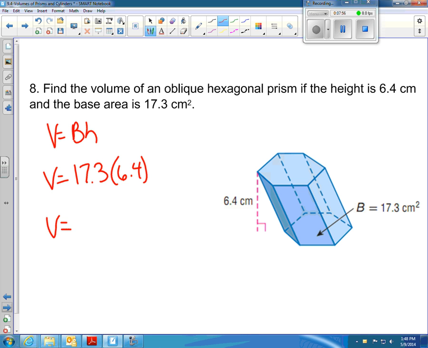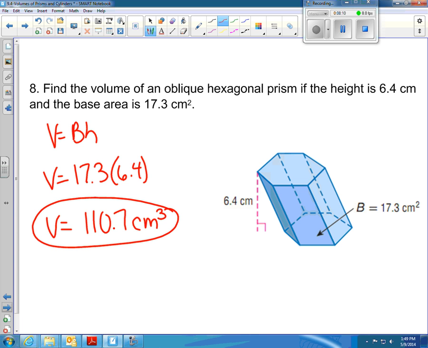If we're going to round that to 1 decimal place, go ahead and type that into your calculator. I will wait. All right, 110.7 centimeters cubed. The reason we're getting cubed is our base area is centimeters squared and our height is centimeters, so we add our exponents there.